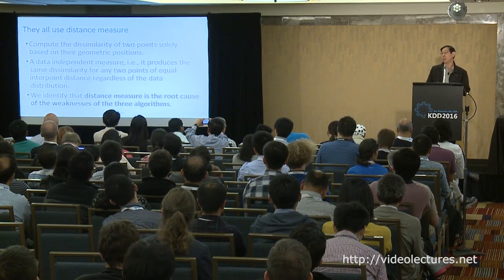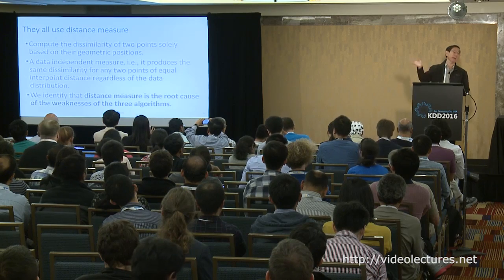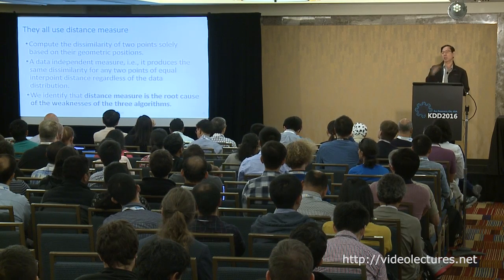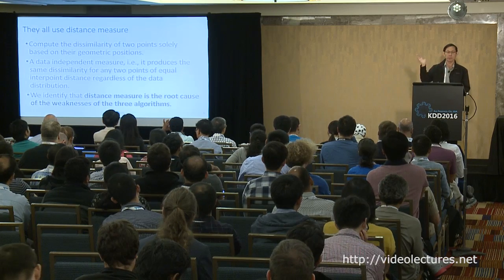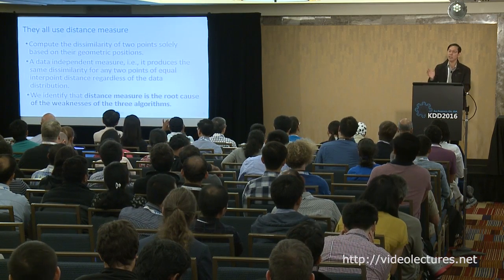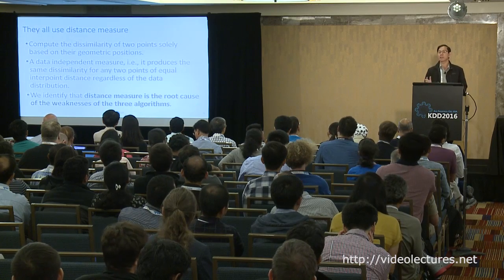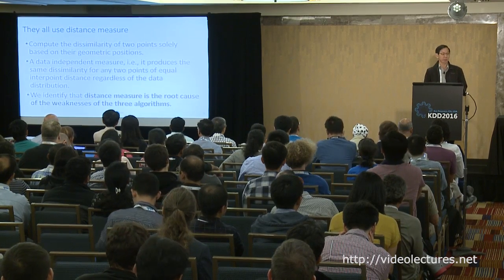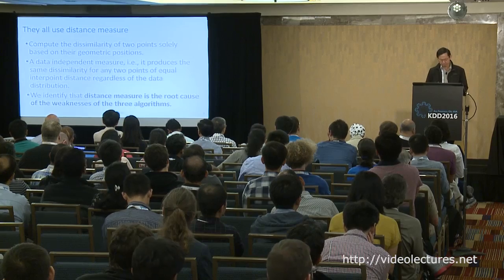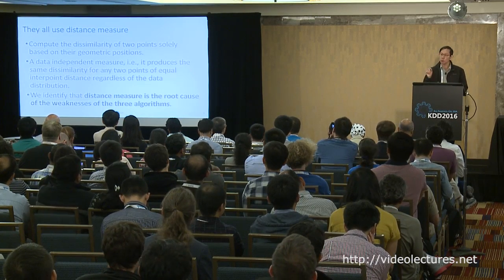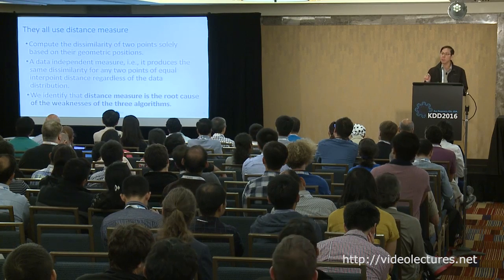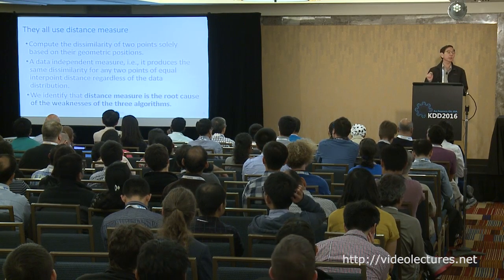The data distribution doesn't matter. You could have very skewed, very uniform, or multimodal; it really doesn't matter. That means the distance function is a data-independent measure. So I'm going to assert that the distance measure is the root cause of the 3 weaknesses I told you earlier.